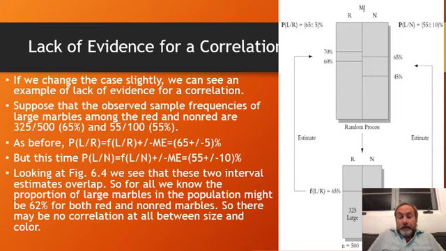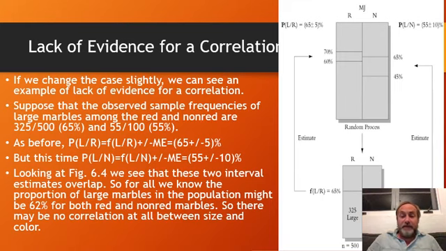But the sample frequencies are different now, so we've got to run the math again. So this time, the probability of large conditional on red in the population is equal to the sample frequency of large conditional on red plus or minus the margin of error, and that will be 65 plus or minus 5%, right? So look in the top left, and you've got between 60 and 70% once again. But that's the same as before.